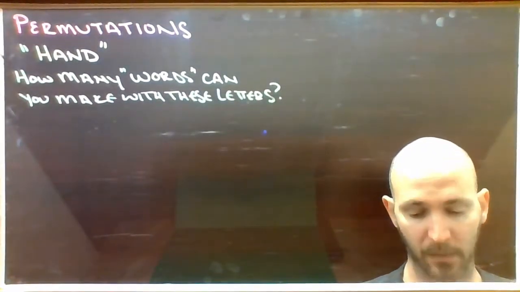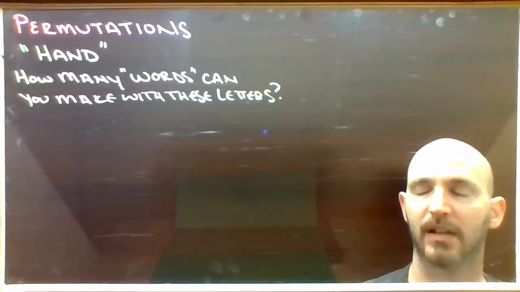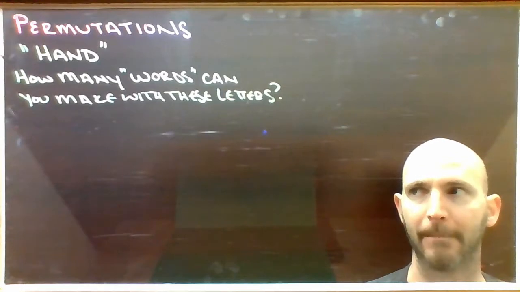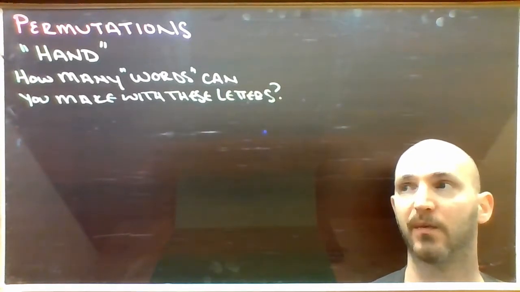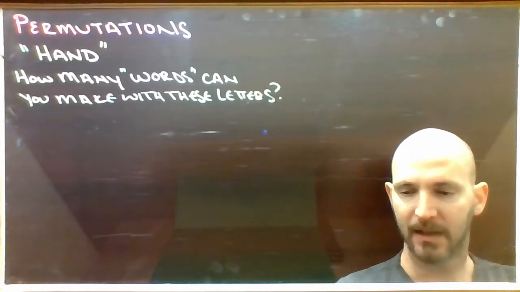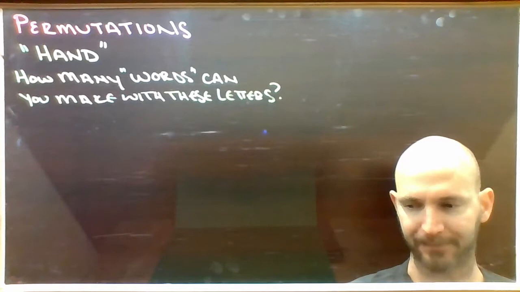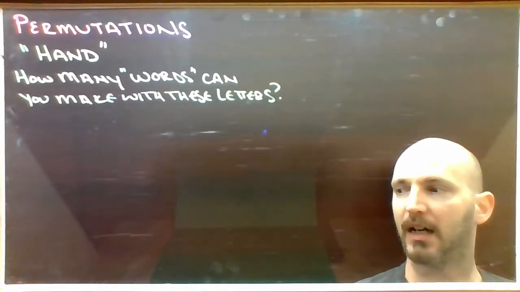Well, the clumsy way is to make a list. So we're going to do that first. What would be better is if we could find a way to calculate this based on the features of that word, so that we wouldn't have to make that list. If you imagine something like locker combinations, that's a good example.